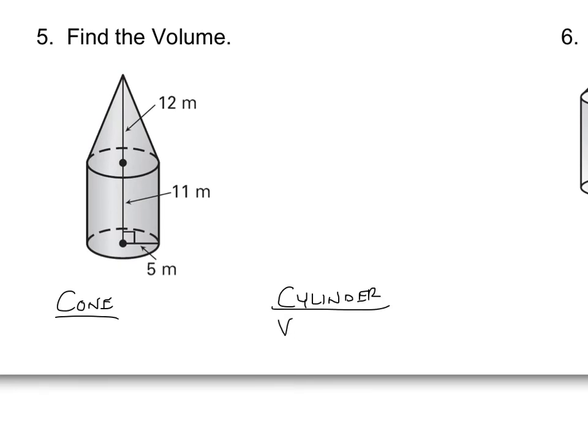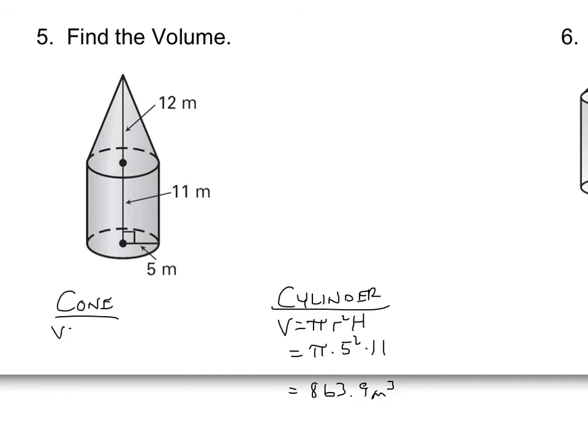Cylinder volume is pi r squared h, which in this case is pi times 5 squared times the height of the cylinder, which is 11. So we've got 25 times 11 times pi, which gives me 863.9 meters cubed. That's the volume of the cylinder.